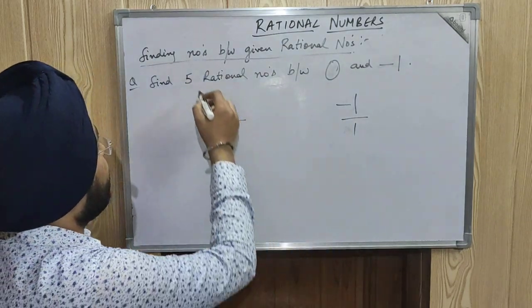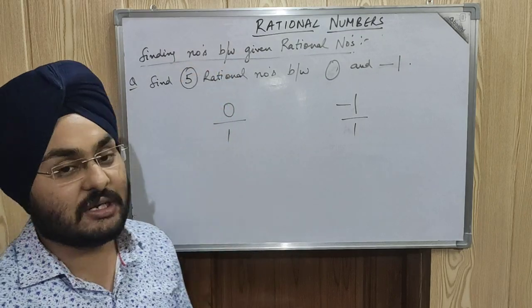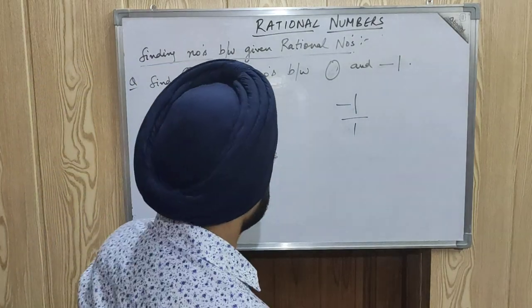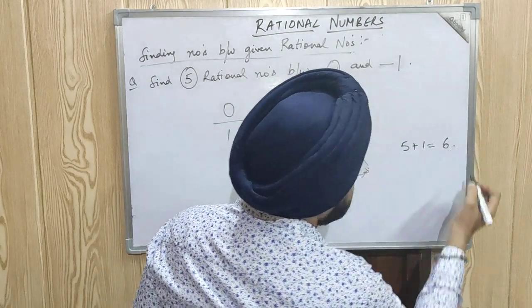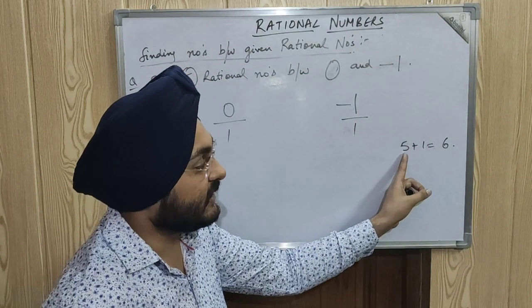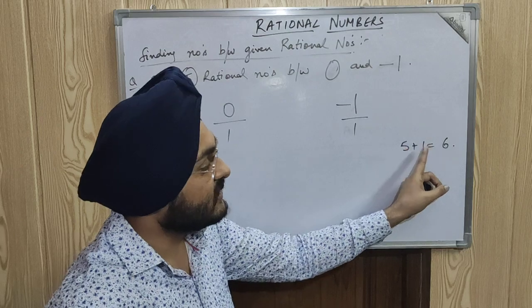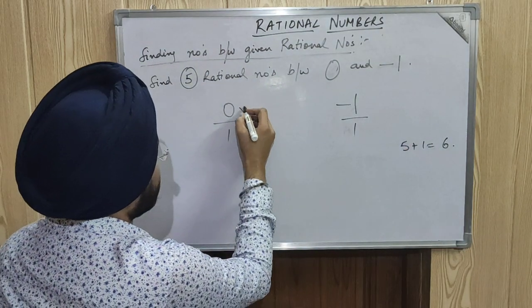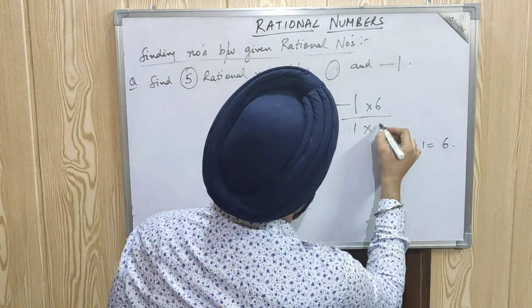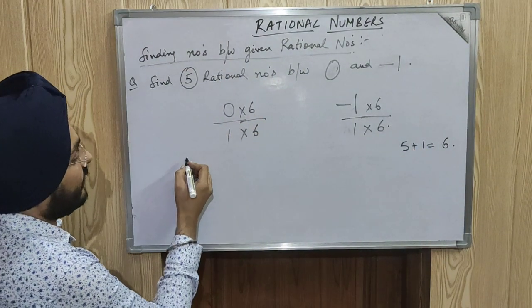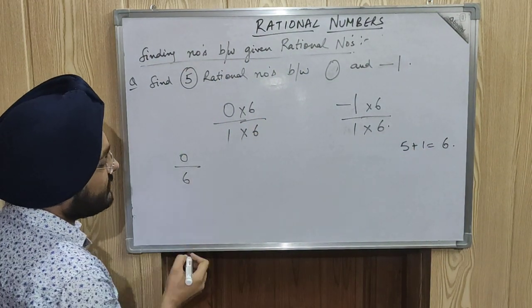So now we have to find the 5 rational numbers. So how to make that 5 rational numbers? By multiplying with 6. Keep in mind what they're saying. Add 1 to this 5. So we'll be getting 6. So multiply here as well as here. So what will we be getting here? Again 0 by 6.